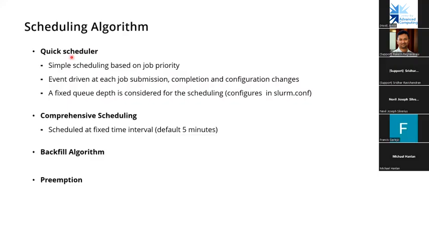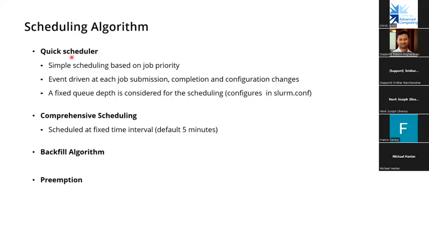I think the default value is 5 minutes. On the Alliance clusters, this is set to a very large value because the quick scheduler itself considers a lot of jobs, around 3000 or in that order, to schedule.